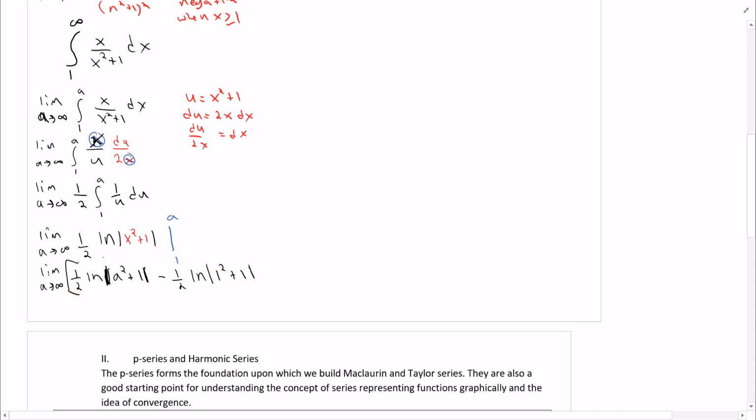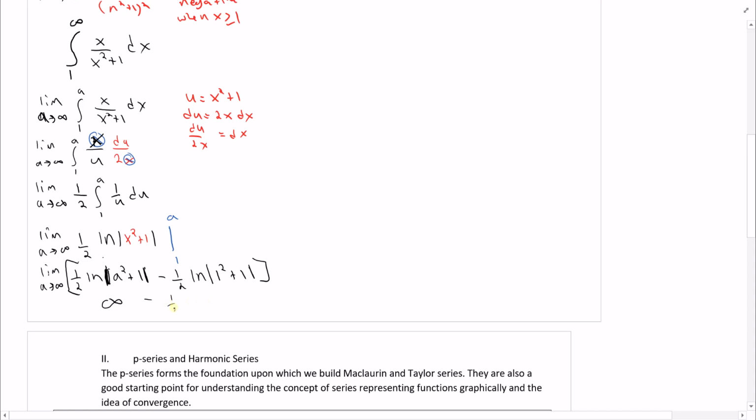We're taking the limit of this entire thing. So what's the limit of 1/2 natural log a squared plus 1? Well, that's like direct substitution. A to infinity squared is infinity. Natural log of infinity is basically infinity, minus 1/2 natural log of 2, which doesn't matter, right?